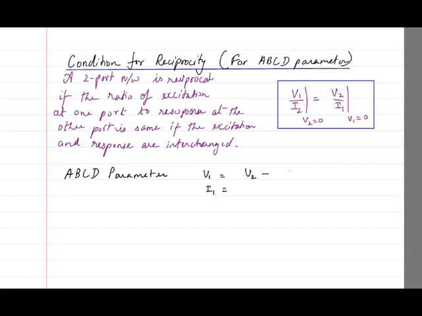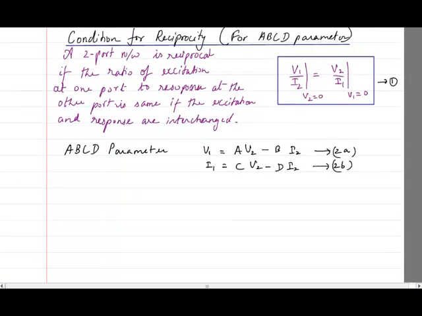So V1 and I1 are related to V2 and minus I2 by A, B, C, D. This I will name equation number 1. This I will name equation number 2A. This I will name equation number 2B.